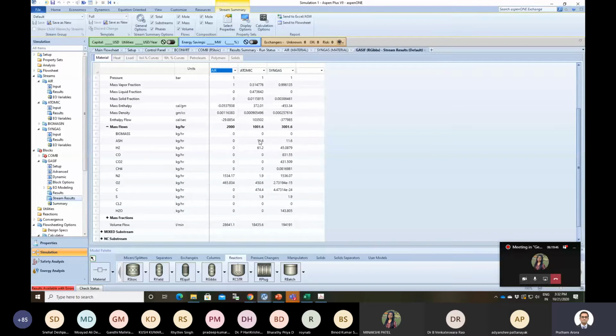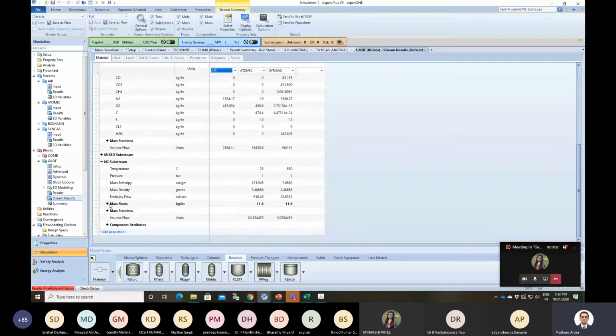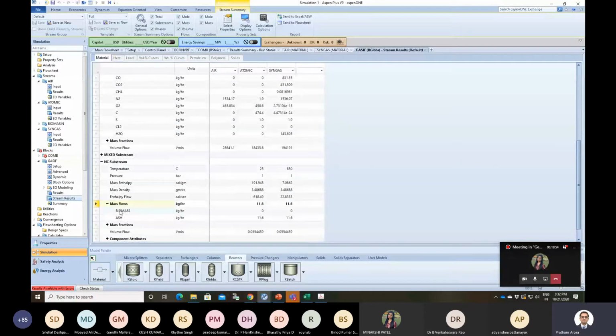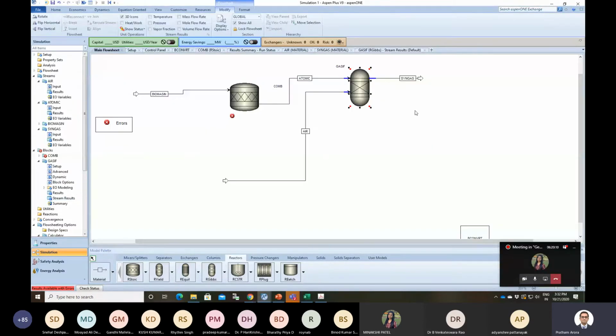I've broken that into different elements: hydrogen, nitrogen, oxygen, carbon, and it also has ash in it. If I go to the mass flows, it has this amount of ash in it. And the Gibbs reactor has given me the different composition of the gases, which involve hydrogen, carbon monoxide, carbon dioxide, and methane. So I can get a combination of all the elements that I can get from this reaction.